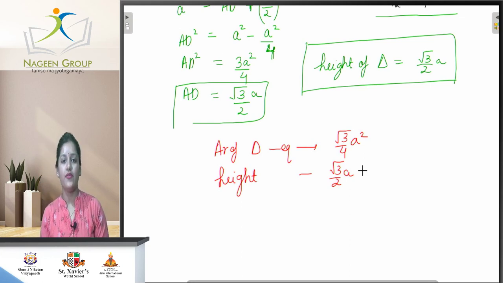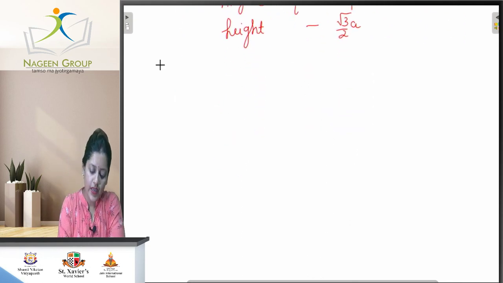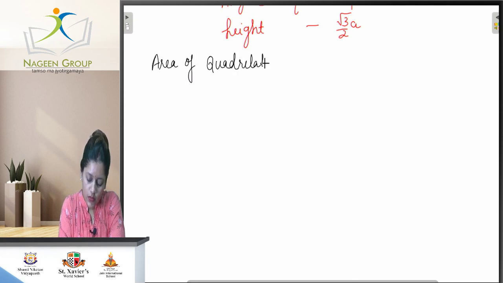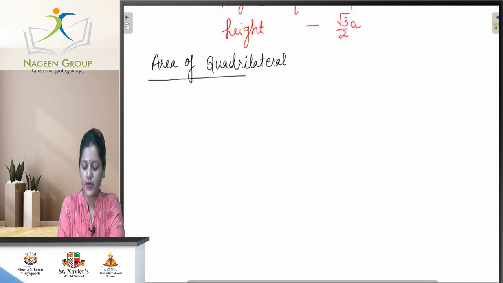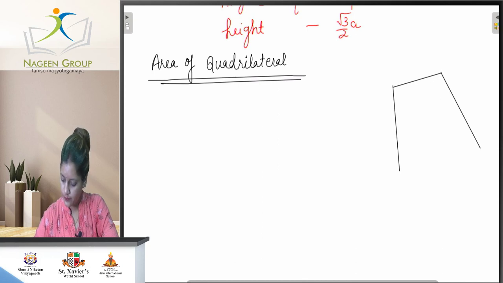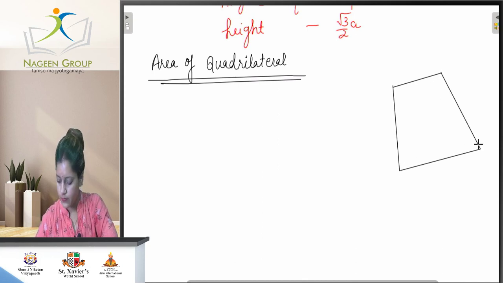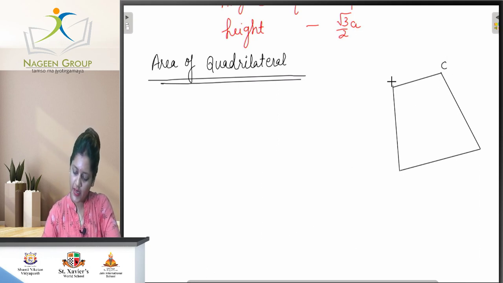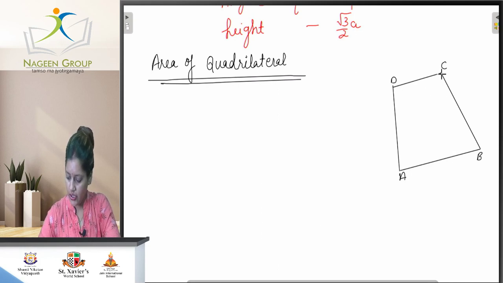A quadrilateral is also a shape in which two triangles are included. So now, what is the area of a quadrilateral? First of all, we have to draw a diagram here. Now we have to name it A, B, C, D, and a diagonal is given.